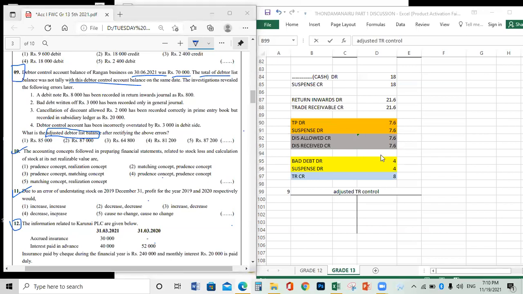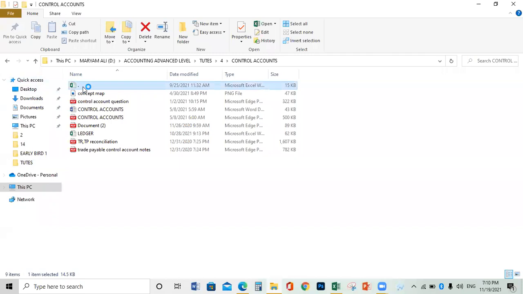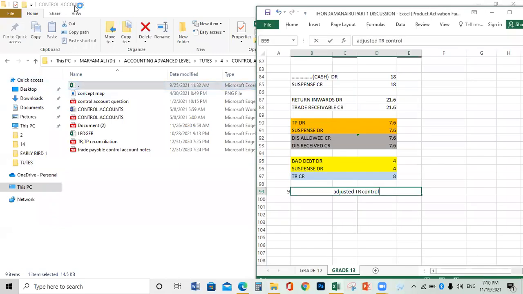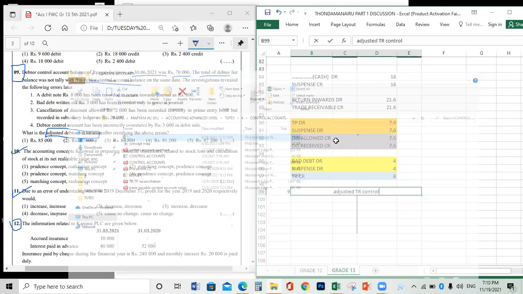I'm sorry. What I was telling is, guys, the difference is when they just ask you the list balance, they are asking you the list balance without correction. But if they ask you the adjusted debtors list balance, they are asking you after correction. So those are the two different things.